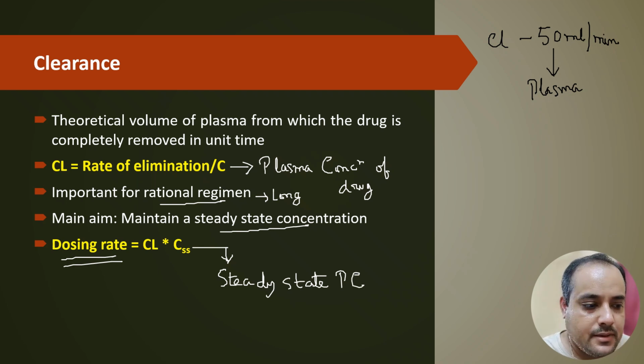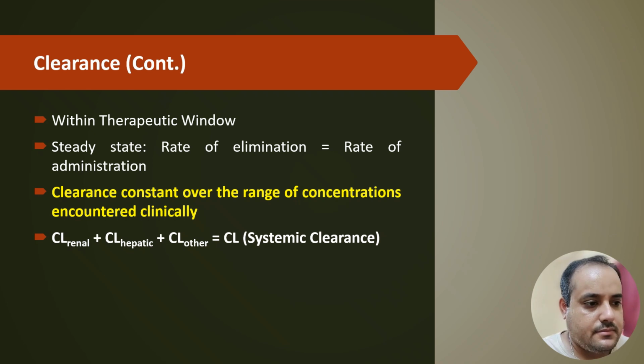So suppose we know the steady state plasma concentration of the drug, then the dosing rate depends on this clearance. So now we have learned that steady state plasma concentration is important.